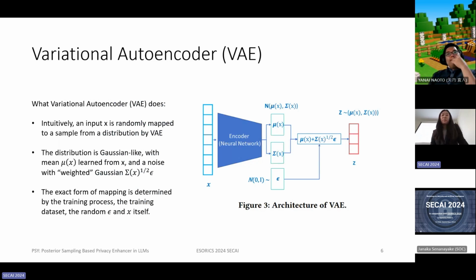The distribution is Gaussian-like, with a mean mu learned from X, plus noise with a weighted Gaussian sigma of X multiplied by epsilon. The exact form of the mapping is determined by the training process, the training datasets, the random epsilon, and X itself. Actually, we only need the posterior sampling part, the yellow rectangle part.